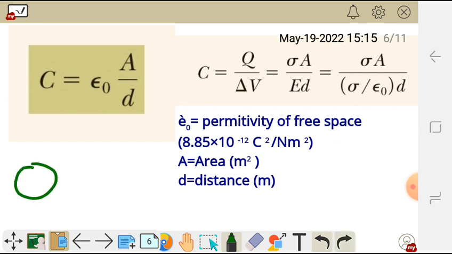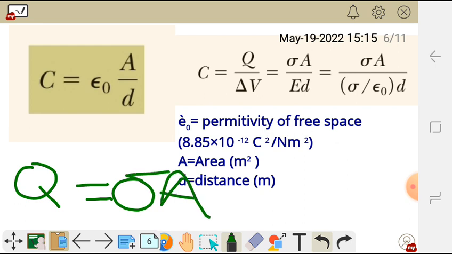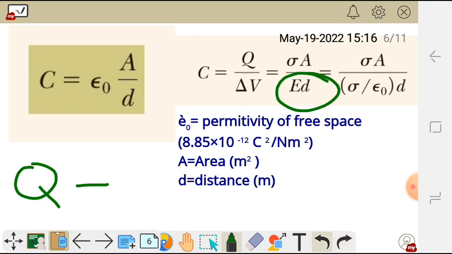And voltage is equal to electric field multiplied by the distance.